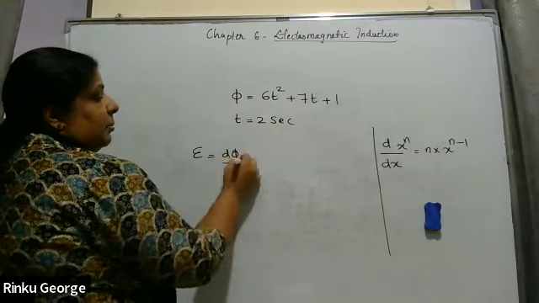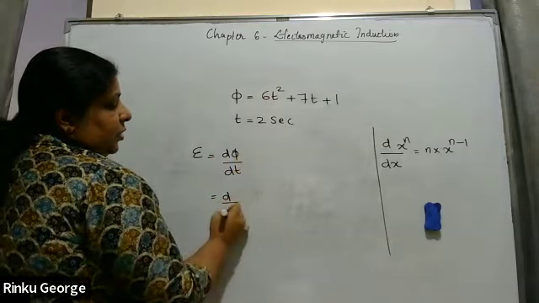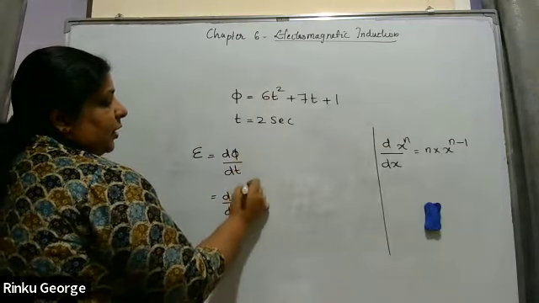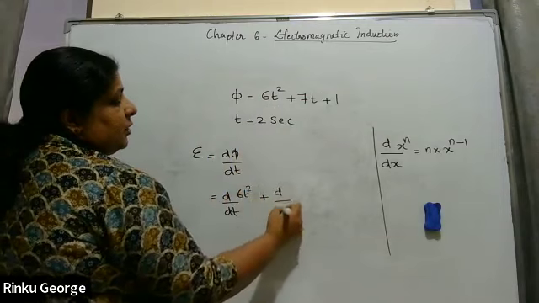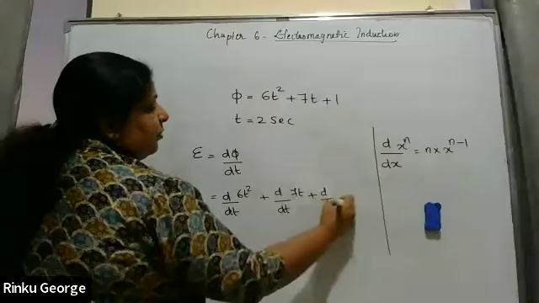d phi by dt. So each term I will put inside d by dt of 6t square plus d by dt of 7t plus d by dt of 1.